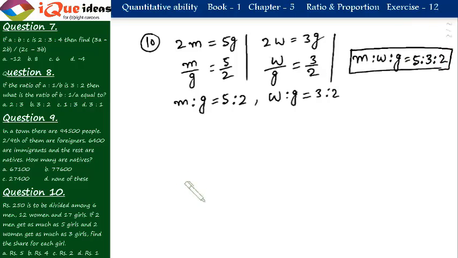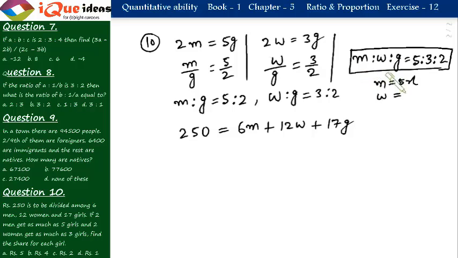Now the question says rupees 250 to be divided among 6 men. So 250 should be equal to 6 men plus 12 women plus 17 girls. So we can take M to be 5x, W to be 3x and G to be 2x from the ratio that we have calculated and put it in this relation.